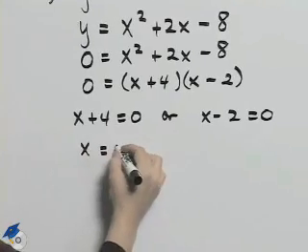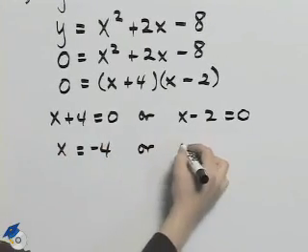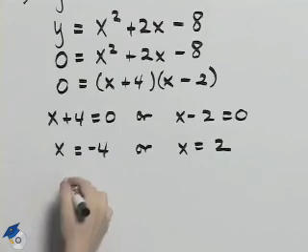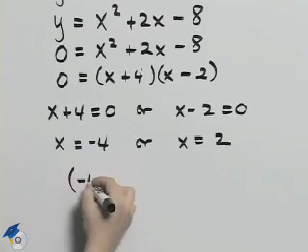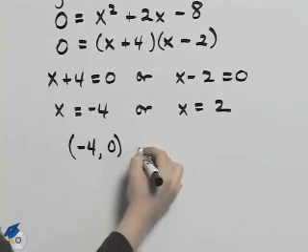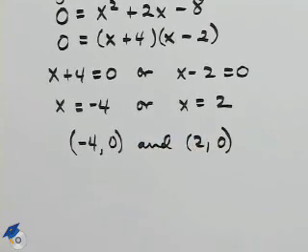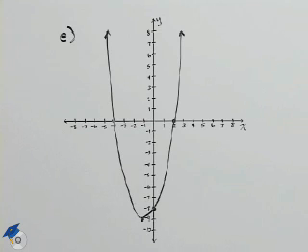So x equals negative 4 or x equals 2. So the points that are x-intercepts are negative 4, 0, and 2, 0.